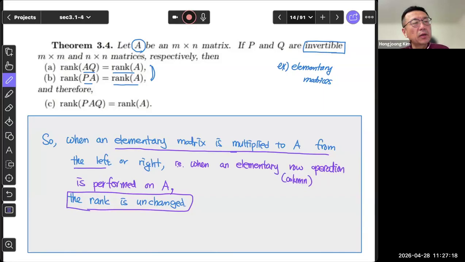In other words, the multiplication by an elementary matrix is equivalent to performing the elementary row or column operation. So when an elementary operation is performed on a matrix, the rank is not changed. That is the claim of theorem 3.4. Okay, so that is the meaning of this theorem.